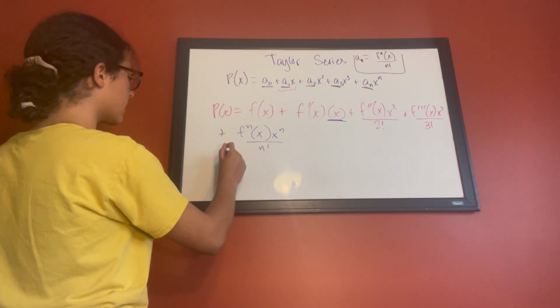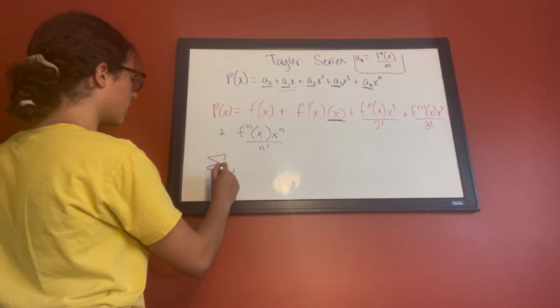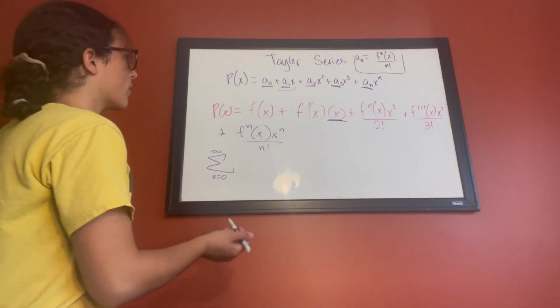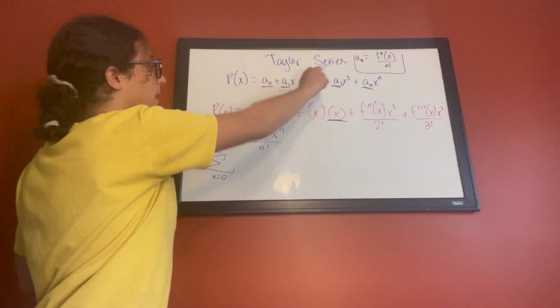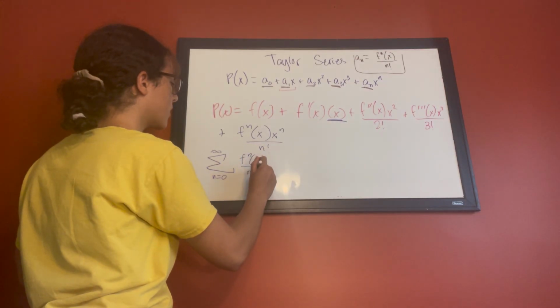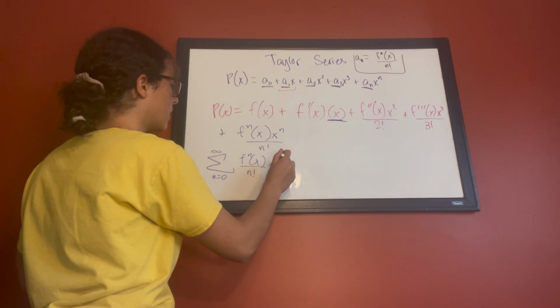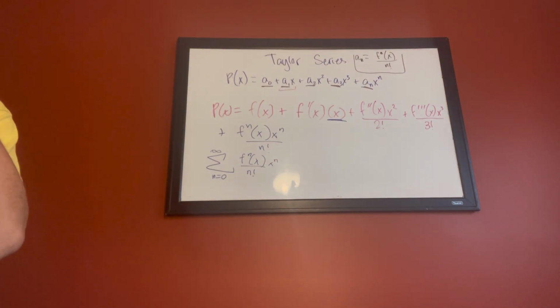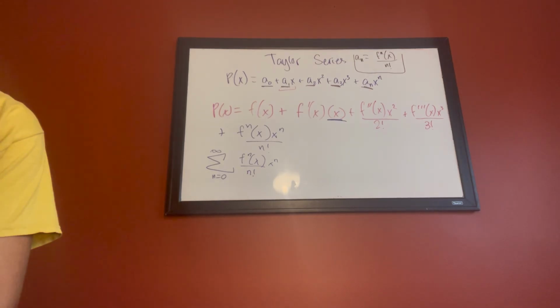This can also be written as the sum from n equals 0 to infinity, right? And then once again, a to the n, so f n of x divided by n factorial times x to the n. However, we will usually see x minus a to the n just to represent where a is your expansion point.